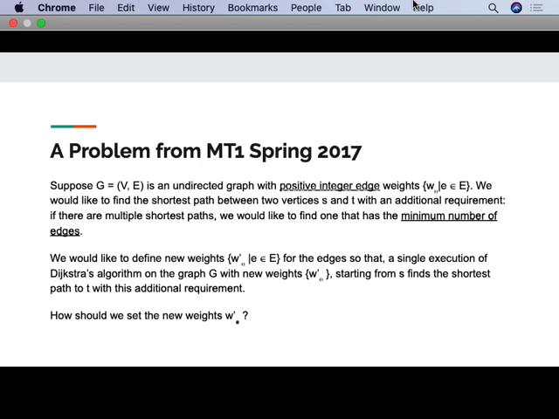So using that, we can distinguish which shortest path has fewer edges. But could you see one potential problem that this can cause on the original graph or on Dijkstra?